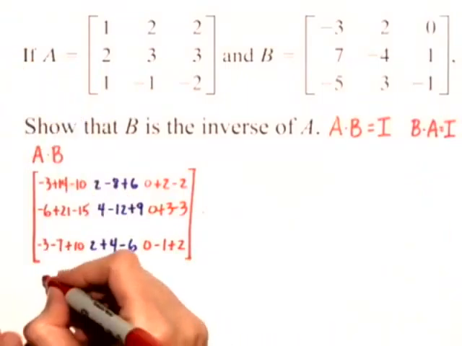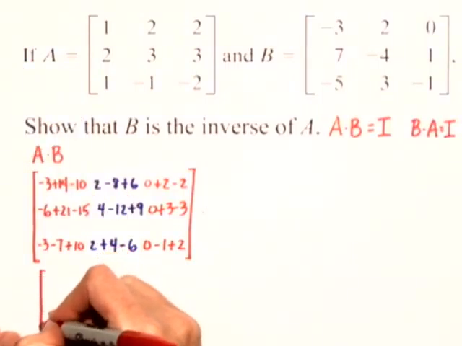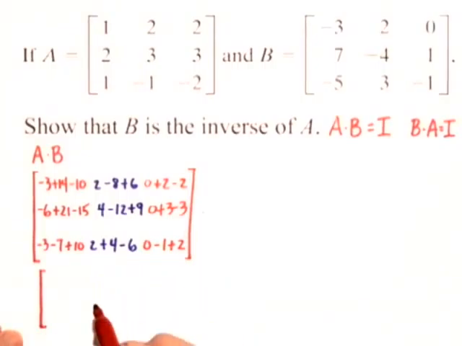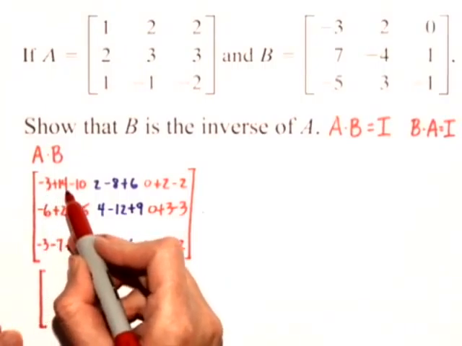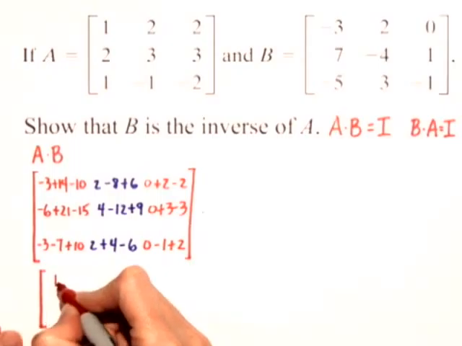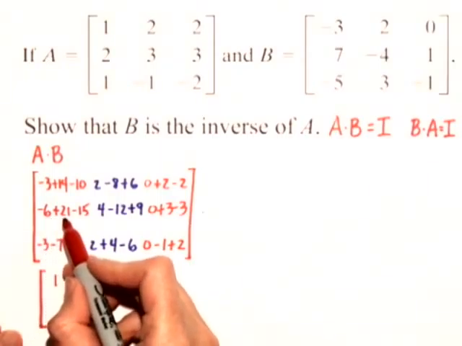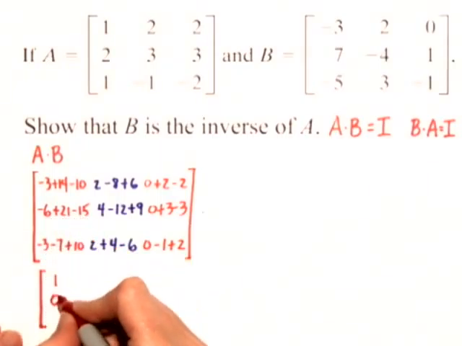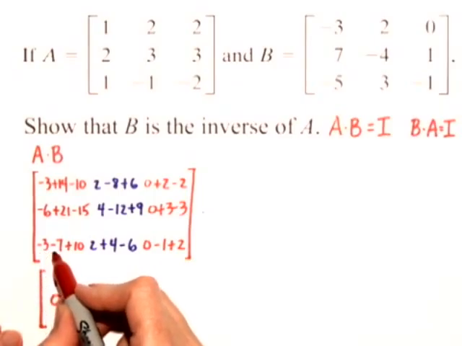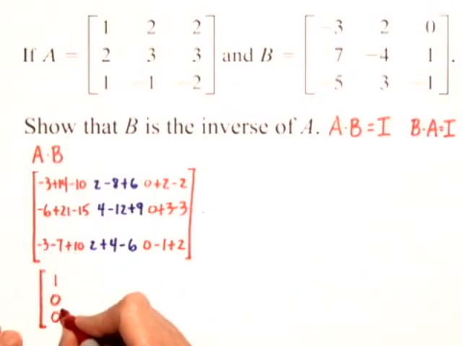And then I'll simplify this matrix to show that it is the identity matrix. -3 plus 14 minus 10 gives me 1. -6 plus 21 minus 15 gives me 0. -3 minus 7 plus 10 is 0.